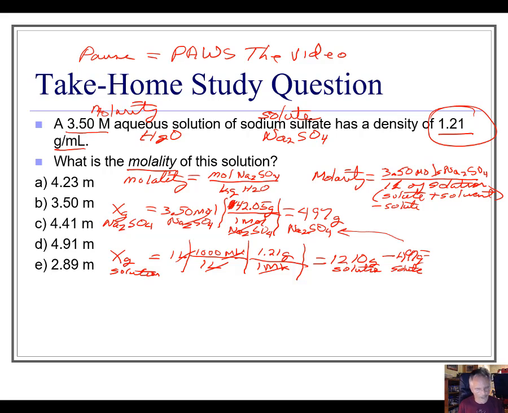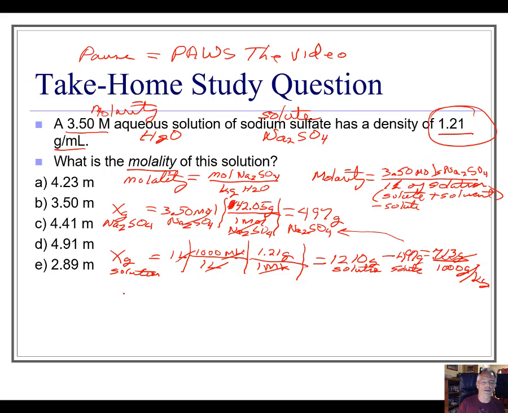That gives me 713 grams of solvent. Right here, I'm going to convert it from grams to kilograms by dividing by 1,000. The grams will cancel, and all I'm doing is moving that decimal place 3 places to the left.